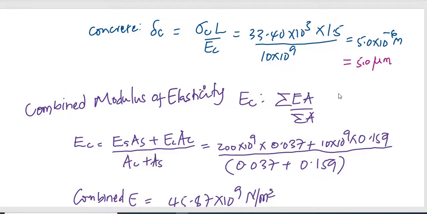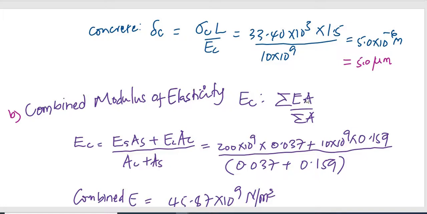Now for part B, for us to calculate the extension or the compression in the component as one, or what we call the common extension, we are going to use the formula for combined modulus of elasticity.